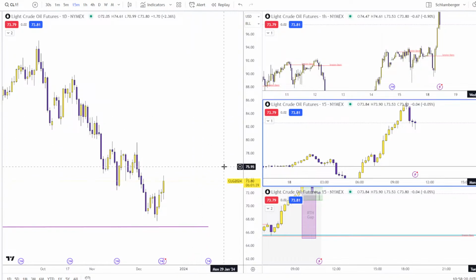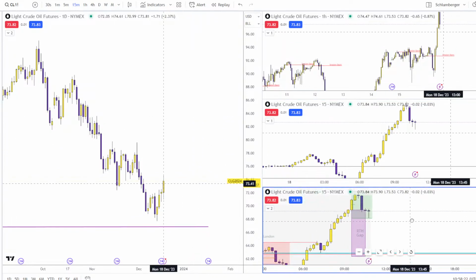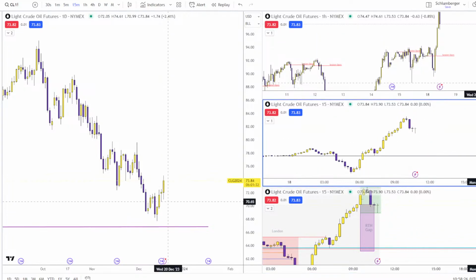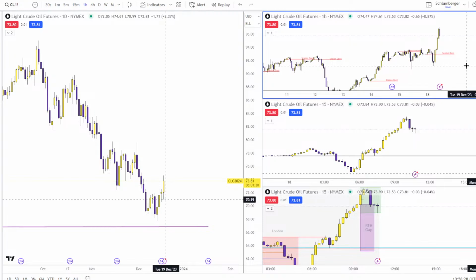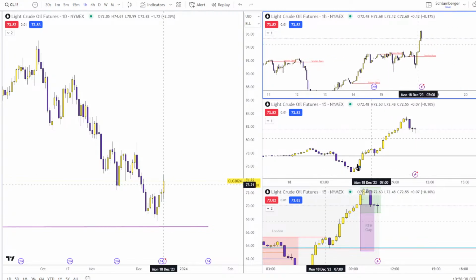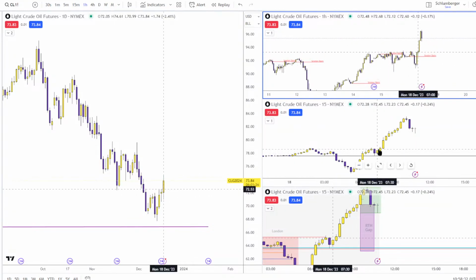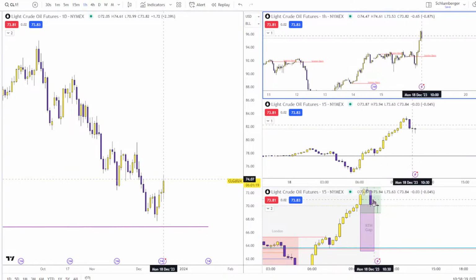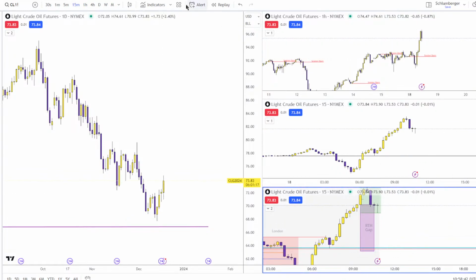Oil, my beloved oil. I do love oil. If you go into a 5-second chart in here, or a 1 minute chart, let me just go into a 1 minute chart here.